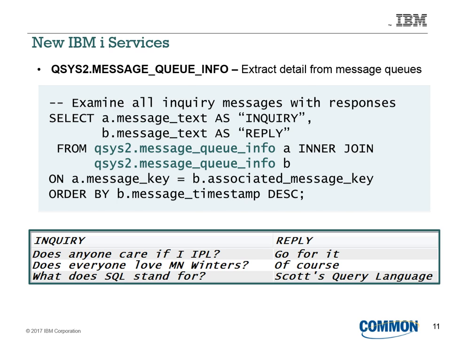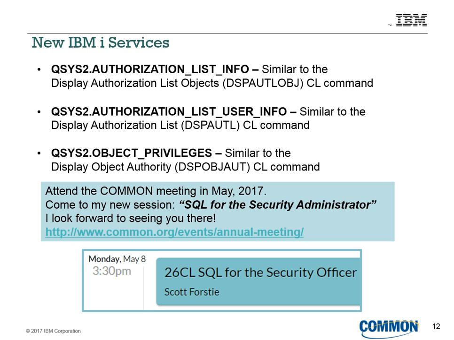With that, let's go on to our next service. It's actually more than one service, and they're all focused on security management. We've made a significant step forward with our SQL service capabilities for managing security.